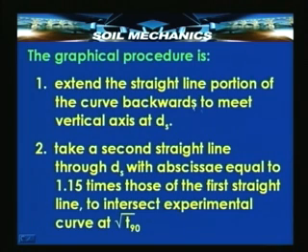The graphical procedure, as I mentioned earlier, is going to consist of two parts. One is drawing the straight line portion so that it meets the vertical axis at ds, and then extending it, and then taking a second straight line with abscissa equal to 1.15 times those of the first straight line, and finding out where it intersects the red curve, and that is the point corresponding to root of t90.